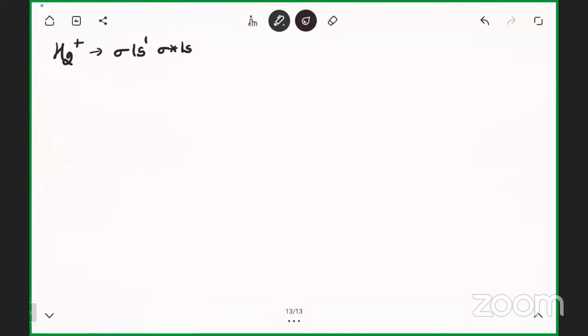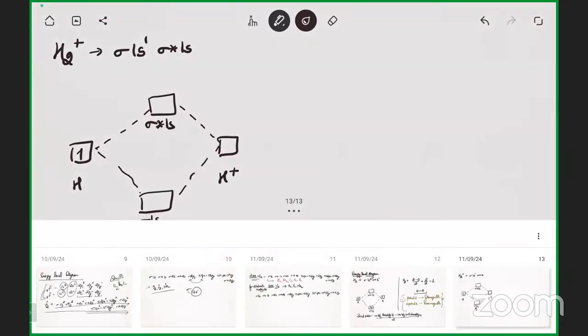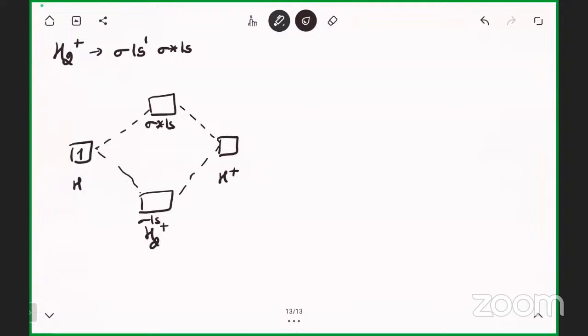Okay, so if I make the energy level diagram, it will be hydrogen on one side, H positive on the other side, and in the middle we have H2 plus with sigma 1s, sigma star 1s. Now start filling the electrons. In hydrogen, one electron is there, while in case of H positive, no electron is there, while in case of sigma 1s, one electron is there.